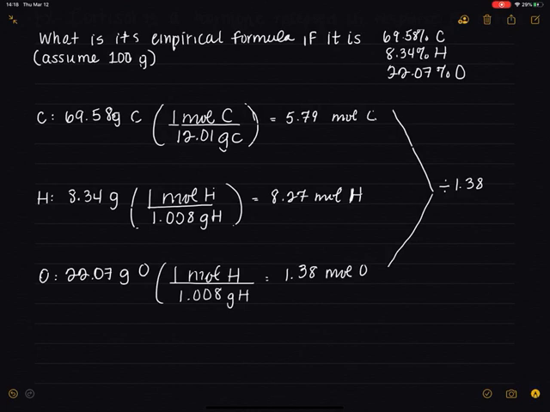However, when we look at our carbon, we get a 4.20. We have to be careful in our rounding in these problems. If we are within about 0.1, then we're good enough to round. But if you're beyond 0.1 and you round, you're probably making a mistake in this.